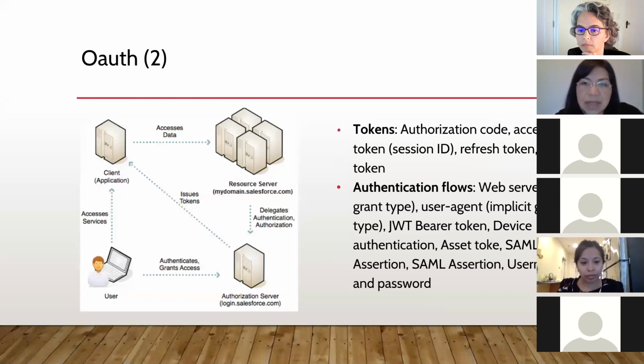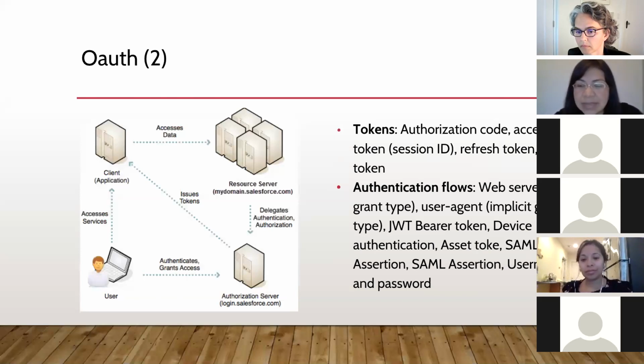For example, if you have a web server, that means you can store in a secure form all the tokens that are going to be used to exchange information. So in that case, you can use, for example, the web server flow. Or in some cases, you are using a mobile application or an application installed on your laptop.